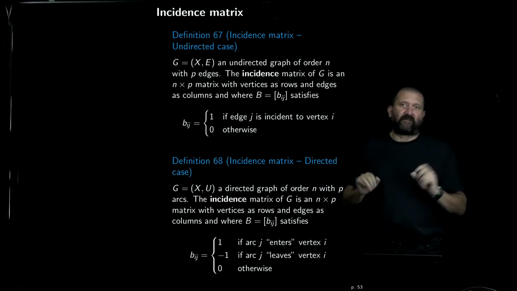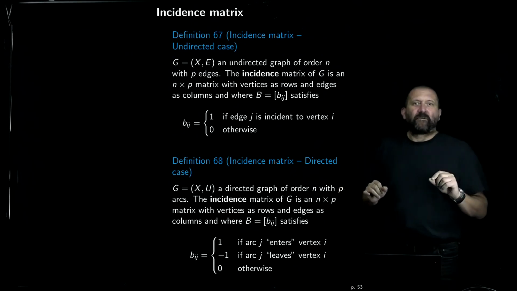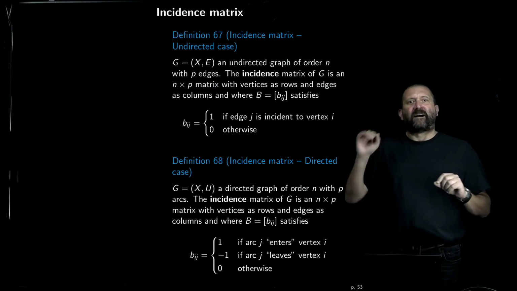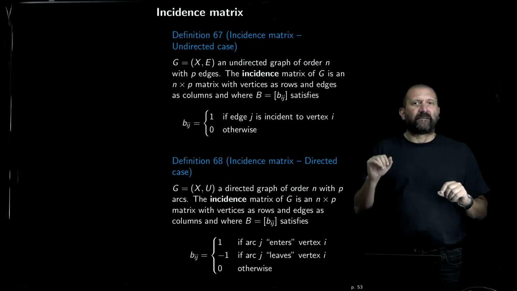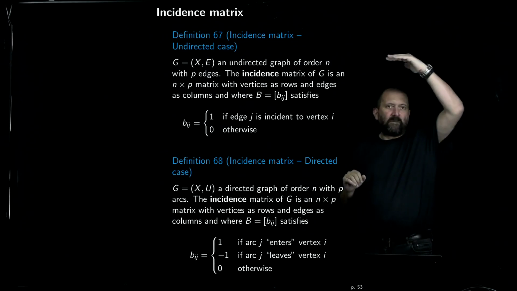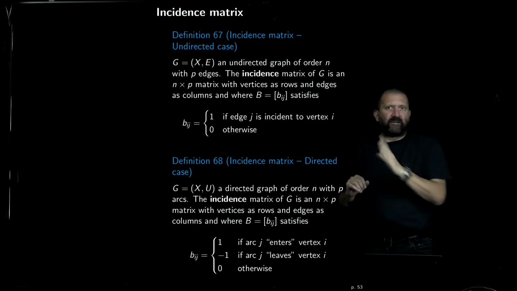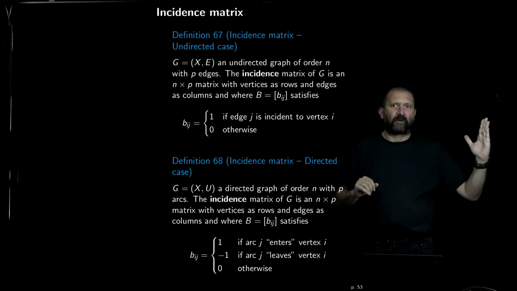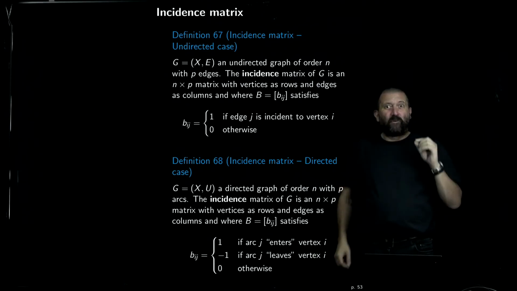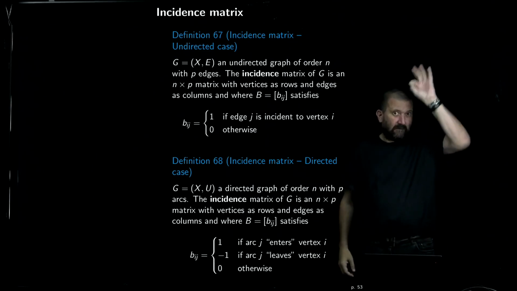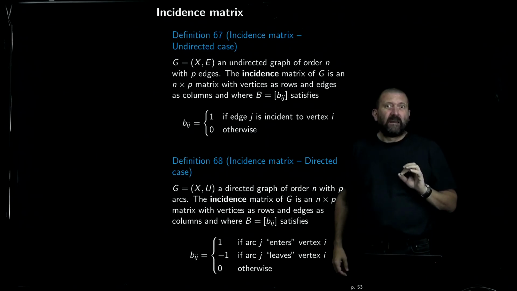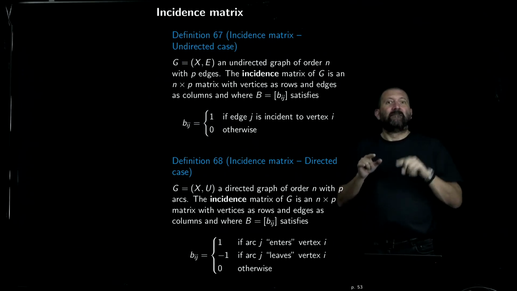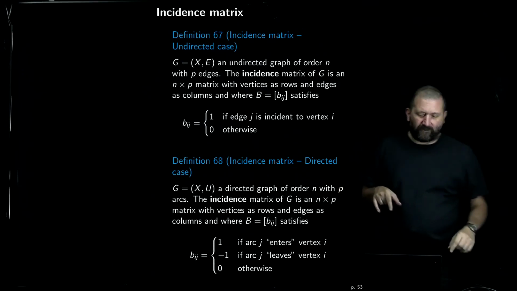That's the undirected case. We call incidence matrix the matrix that has n rows and p columns, where we put the vertices in the rows and the edges as the columns, and we put a 1 in a position if there is an edge that's incident to that vertex.